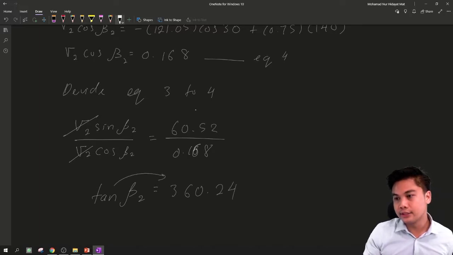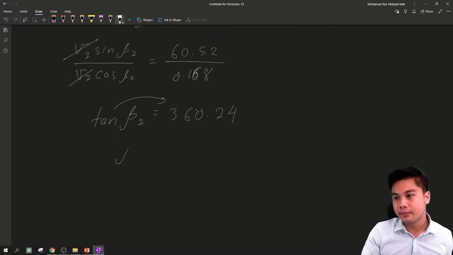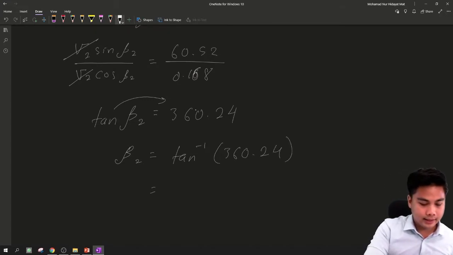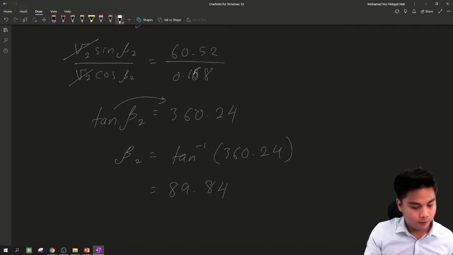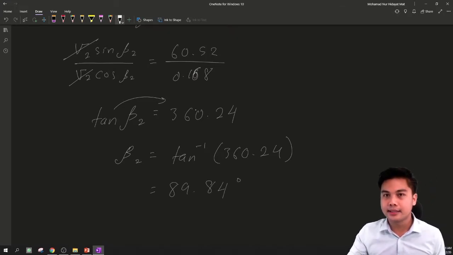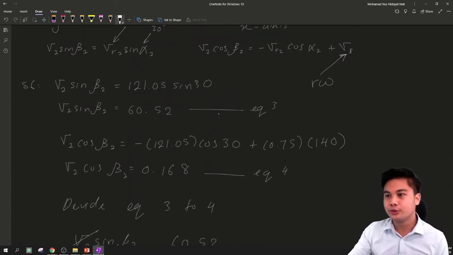So move tangent to the other side. You will get beta 2 equal to inverse tangent of 360.24. You will finally get the answer of 89.84 degree.